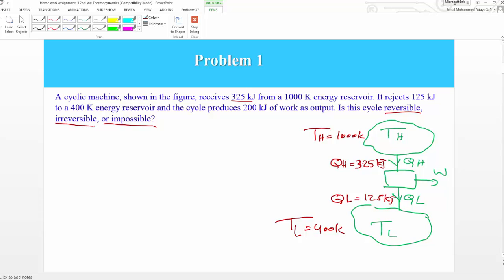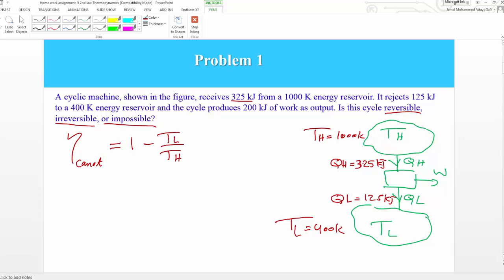means that it's impossible. So the first thing I need to find is the Carnot cycle efficiency. We have learned that it's 1 minus TL divided by TH.